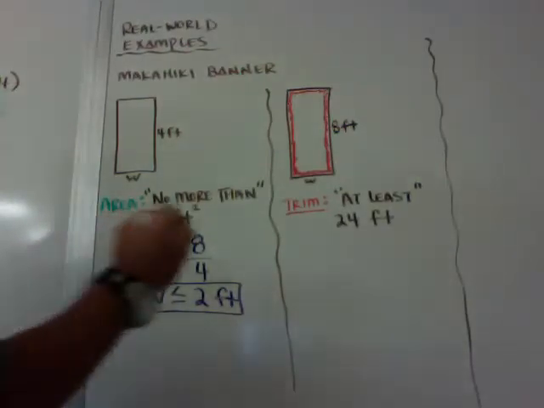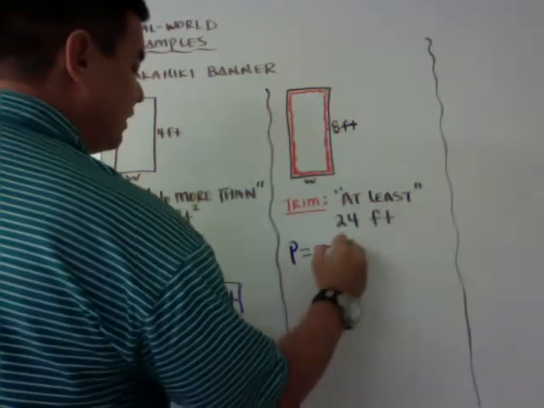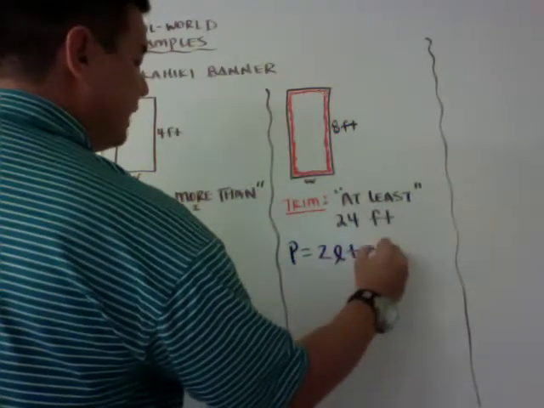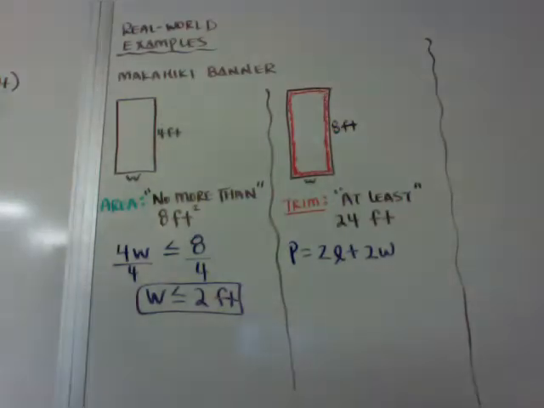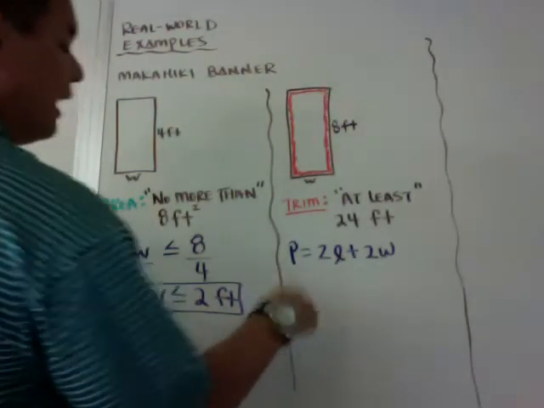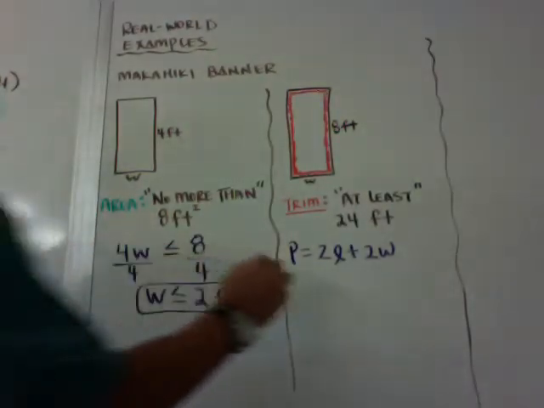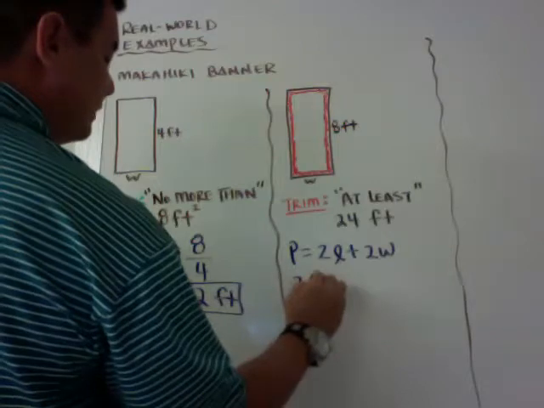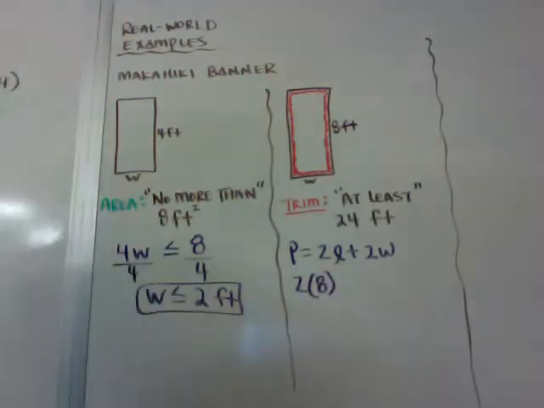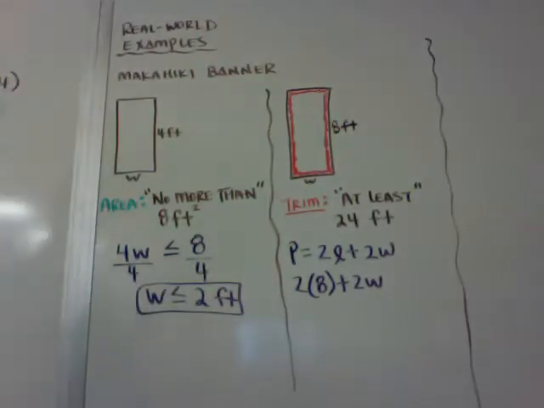Okay, so perimeter is equal to 2 times the length plus 2 times the width. Okay, if our length is 8 feet, I can say that it's going to be, oh, and I'm sorry, at least. Okay, so what we do is we need to go 2 times 8, which is your length, plus 2w, and we're going to say at least.